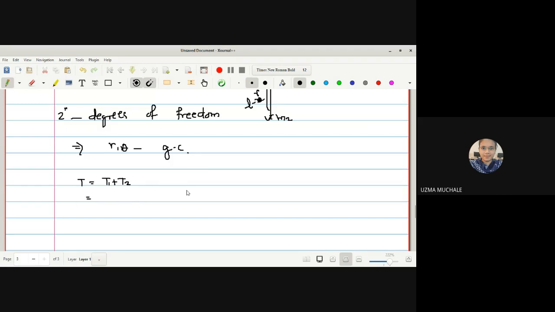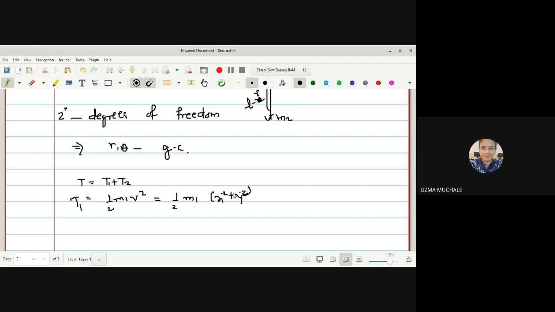T1 can be written as 1 upon 2 m1 v square, which we can write as 1 upon 2 m1 times x dot square plus y dot square.